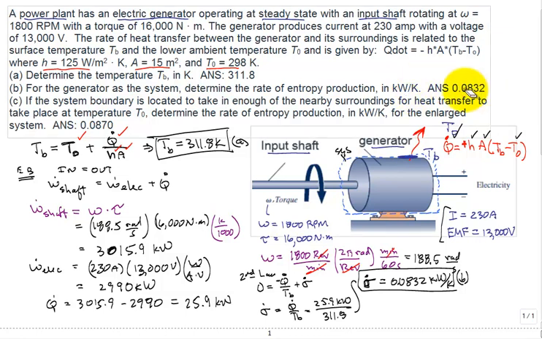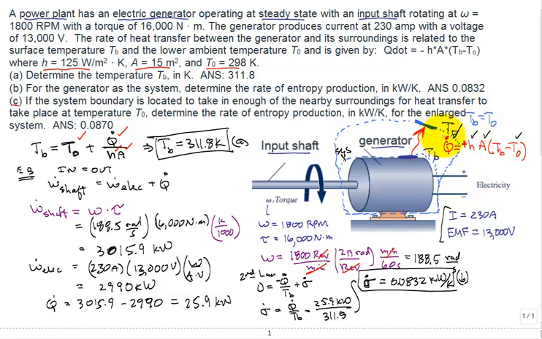Just watch your units. Now for part C, if the system boundary is located to take in enough of the nearby surroundings for the heat transfer to take place at a boundary temperature T0, basically an enlarged system. When you have an enlarged system, you think about taking it all the way out here. And so now the boundary temperature TB is equal to T0.